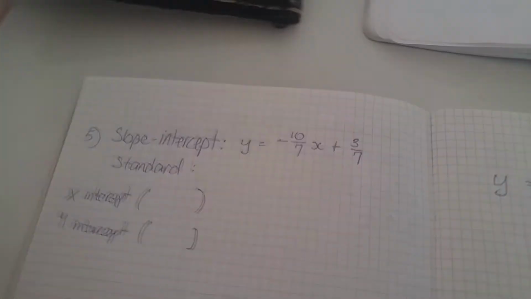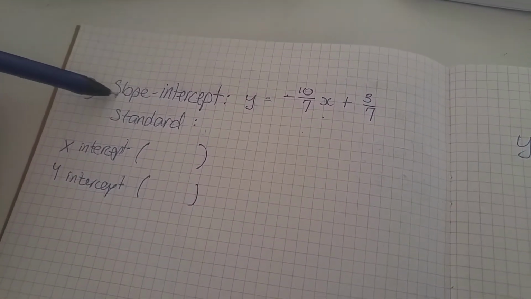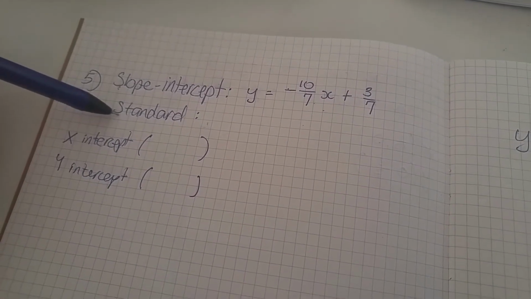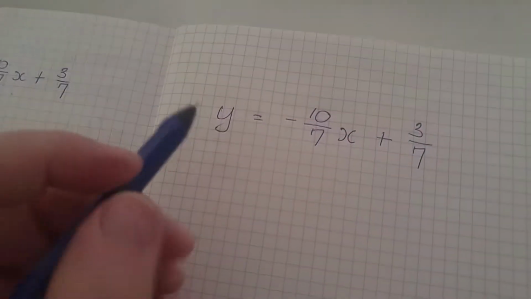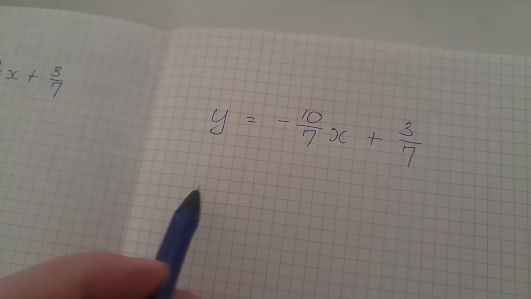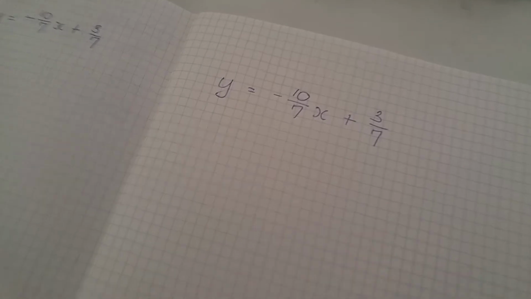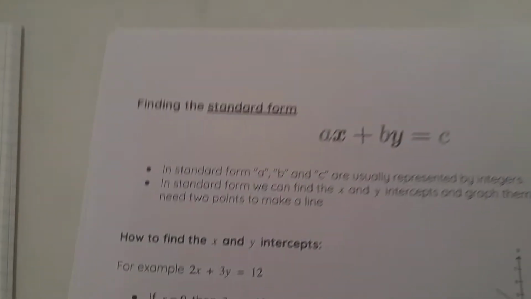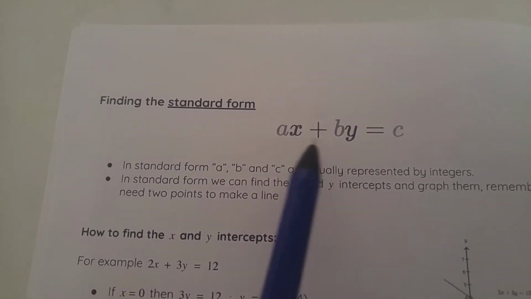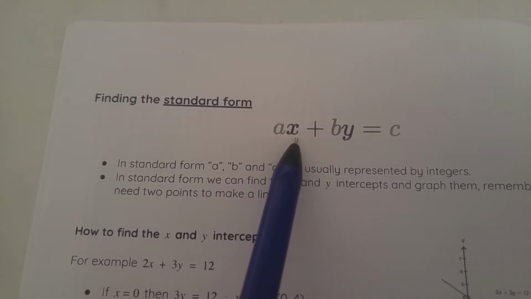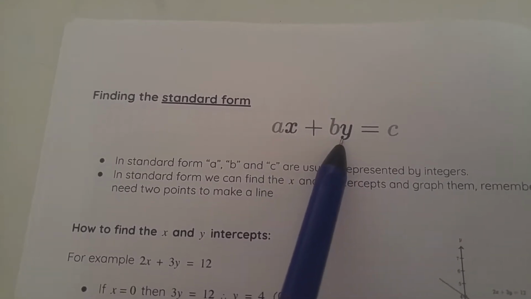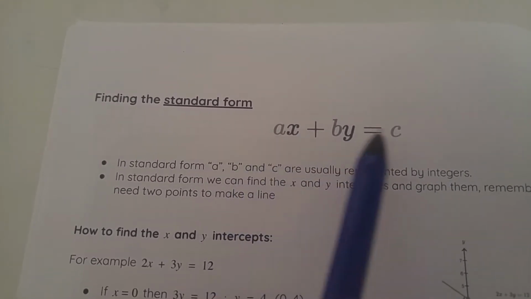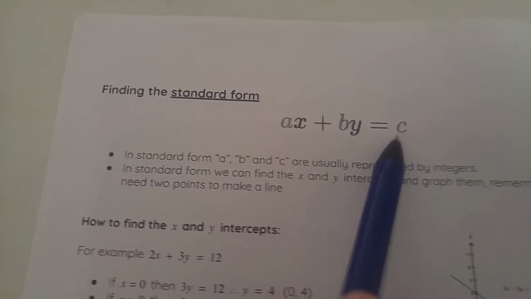Okay, so the first thing we'll do is change this into standard form. Now, we have the equation here. For standard form, we need to have the two variables on one side and the constant on the other. If you look at the homework here, in the standard form we have the x and the y on one side, and the constant on the other side.